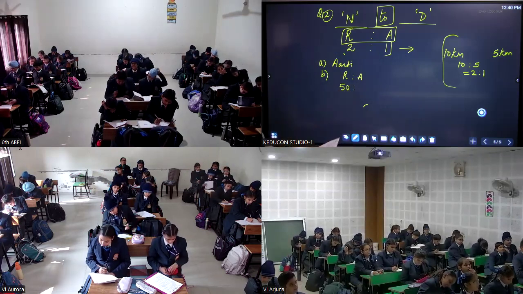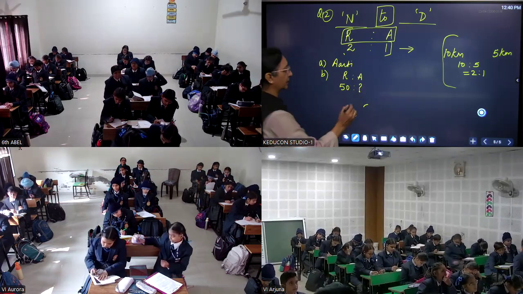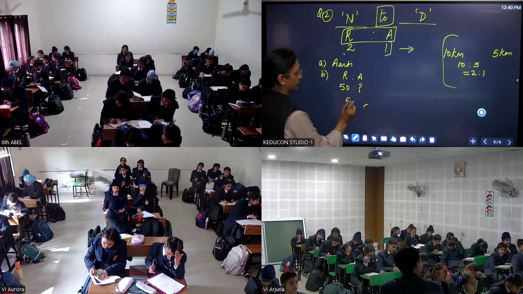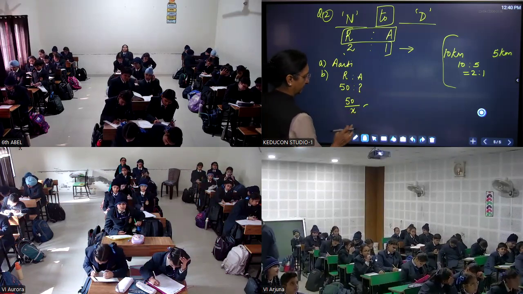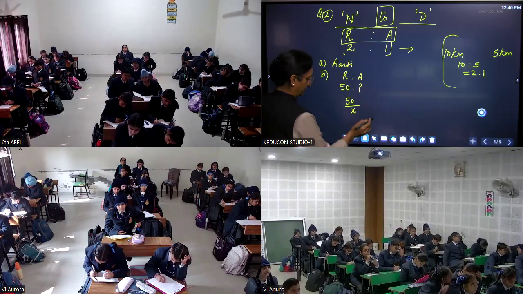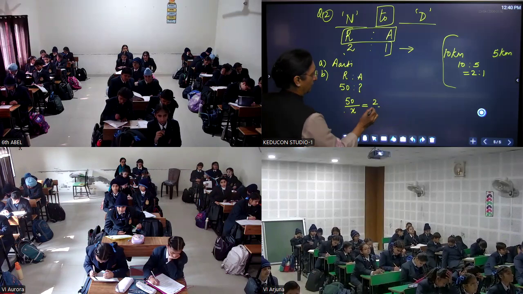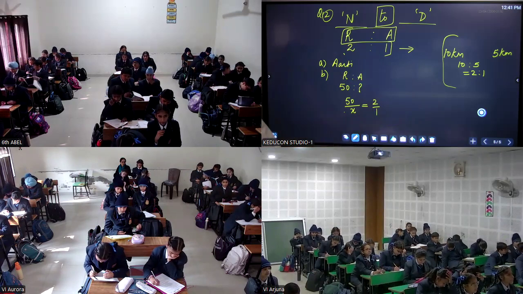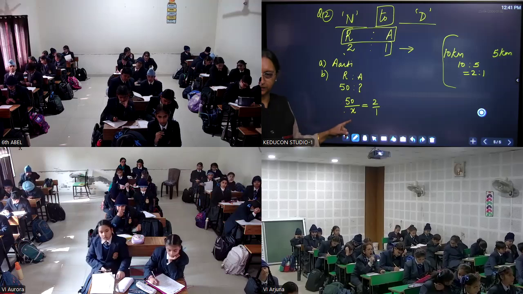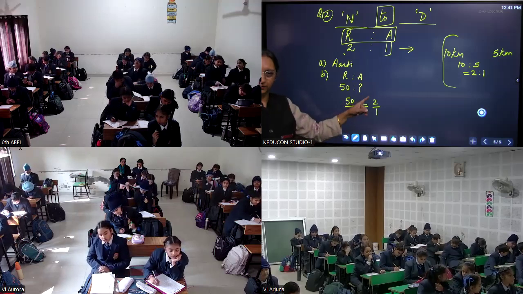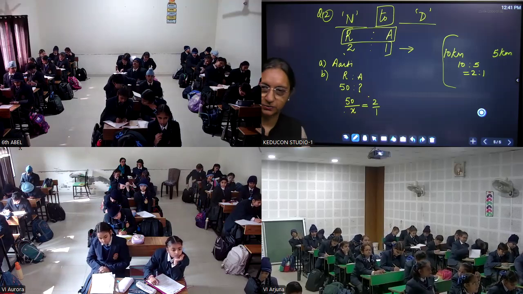Raman is 50, and they are asking about Aarti's. It means they are talking about 50 ratio what, that is x, is equal to 2/1. You have to check here. This way you have to find that Raman's distance by Aarti's distance is equal to 2/1, which is already given to us as 2:1.